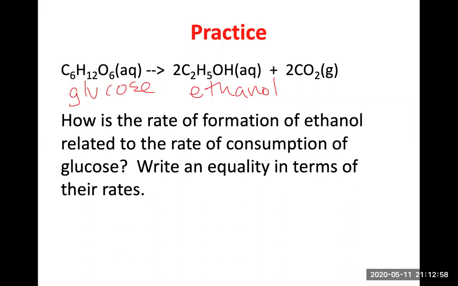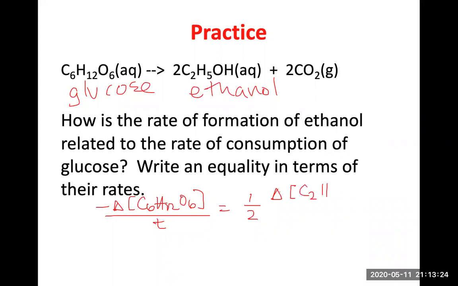The rate of the overall reaction is going to equal each of these, so we could just write minus delta of glucose, C6H12O6, sorry, hope you can read that okay, over delta t is going to equal 1/2 times the change in concentration of ethanol, which is C2H5OH, over delta t. So we can write an equality that makes these two equal to each other.